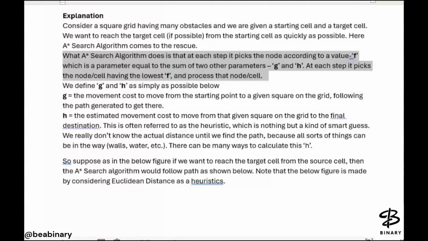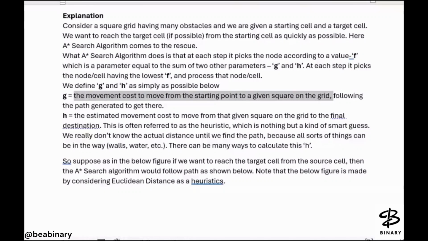And what is g? The movement cost. We are talking about three variables here: f, g, and h. f is the heuristic function here. g is the movement cost to move from the starting point to a given square on the grid, following the path generated to get there.